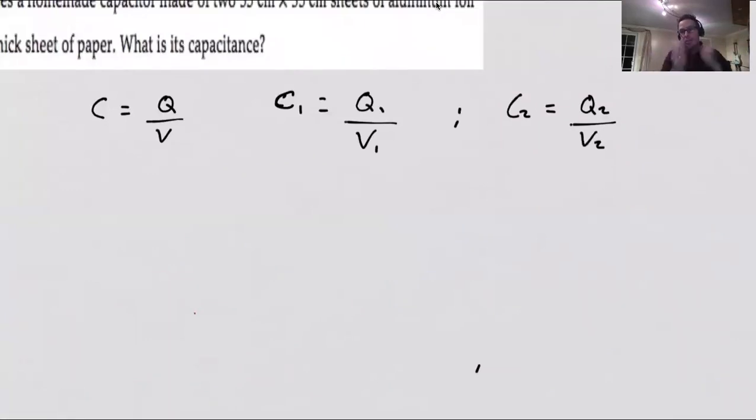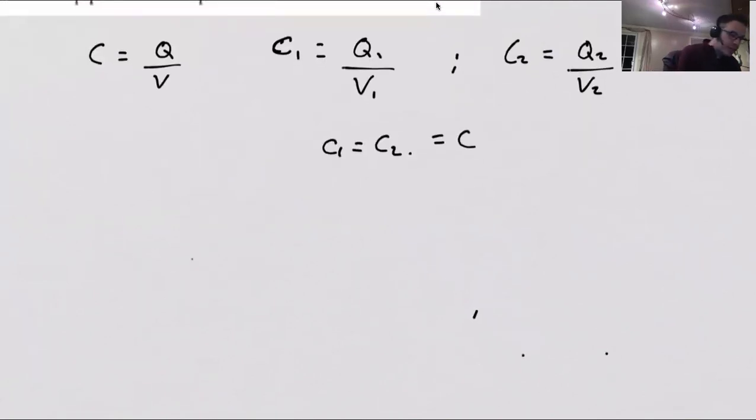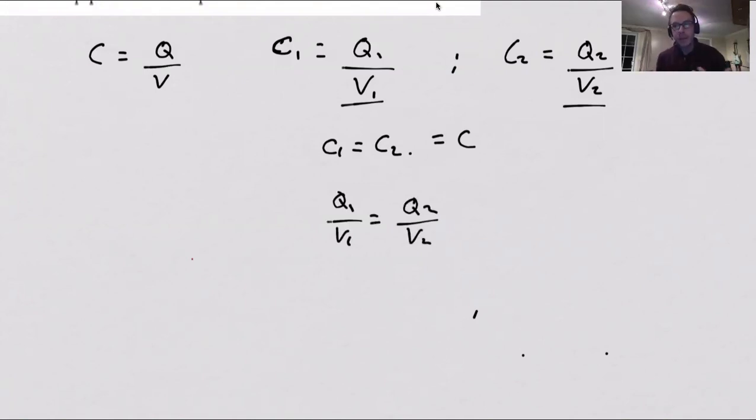We haven't changed the dimensions of this. We haven't put a dielectric in it. So C1 has got to be the same as C2. It's just C. It's just still the same capacitor. So that tells us that Q1 over V1 is Q2 over V2, which is exactly what I said a minute ago before we wrote any math down. That the ratio, 6 to 3, has got to be the same as blank to 5.